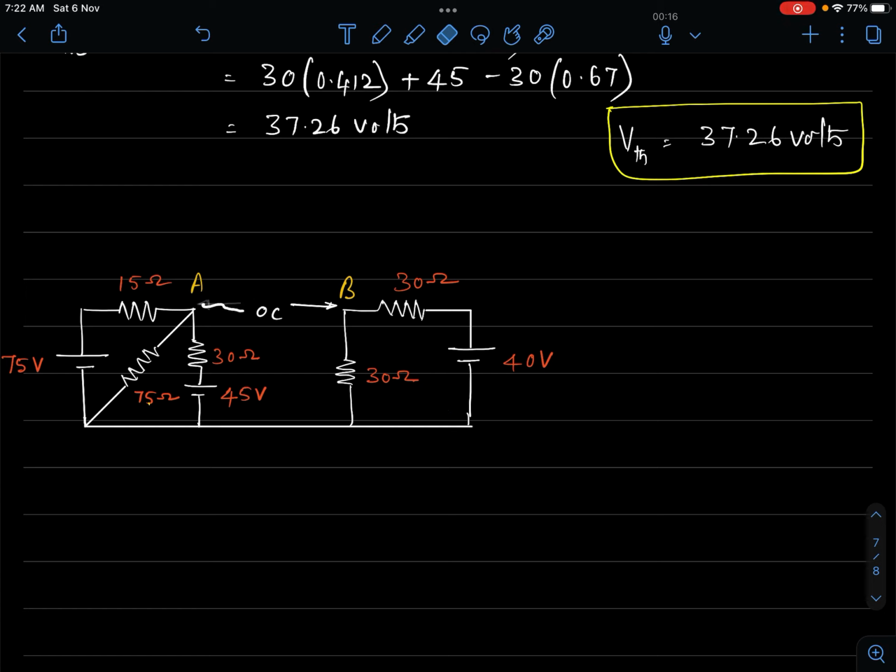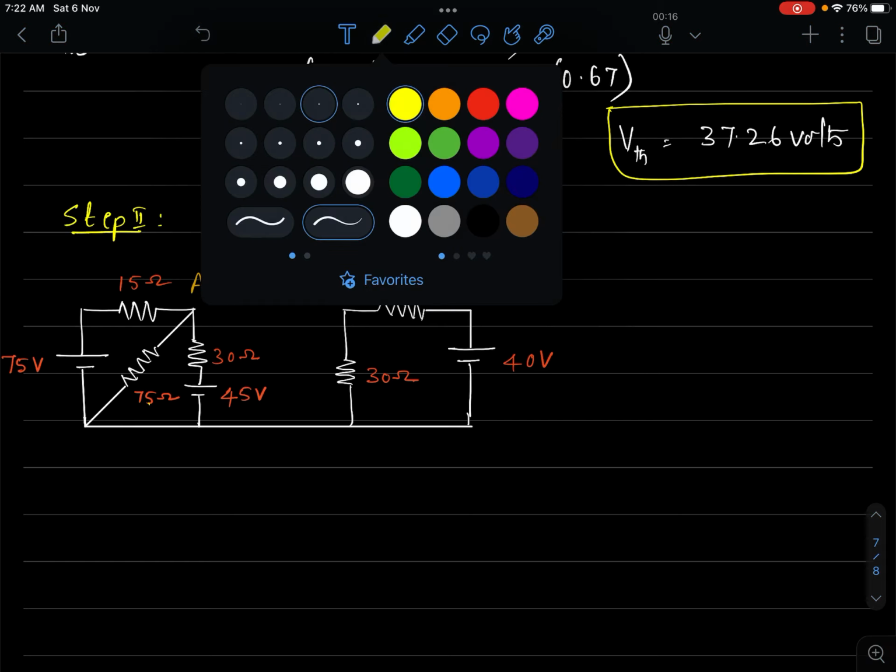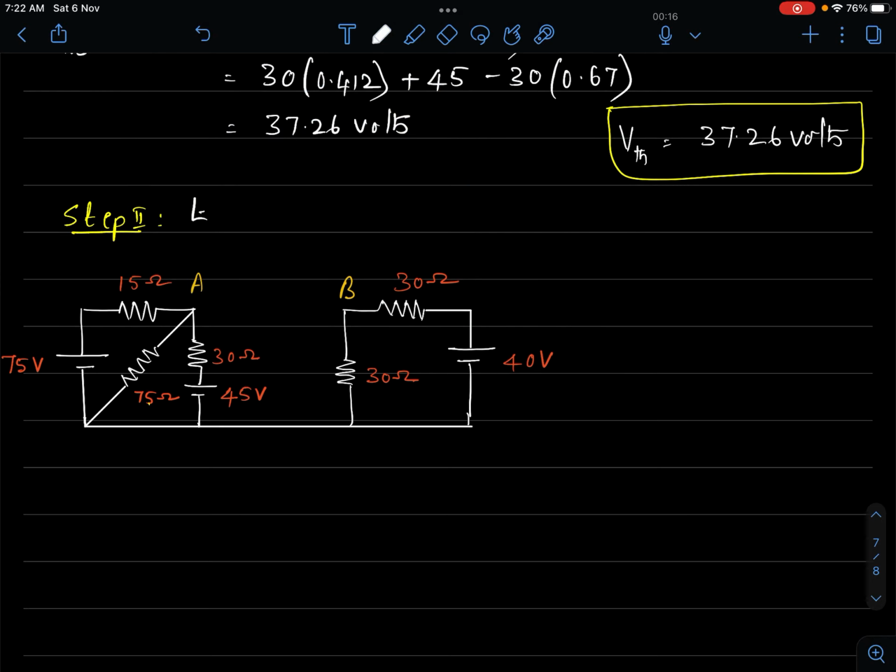Everything I've removed; I have maintained only A and B. So what's my step 2? In step 2, I'm trying to find out the equivalent resistance between A and B. This is nothing but RTH.